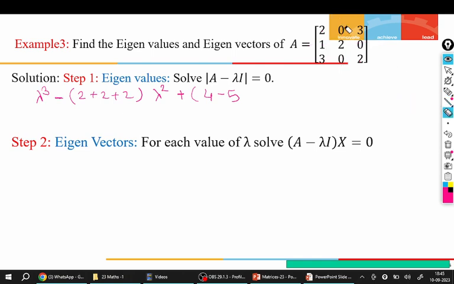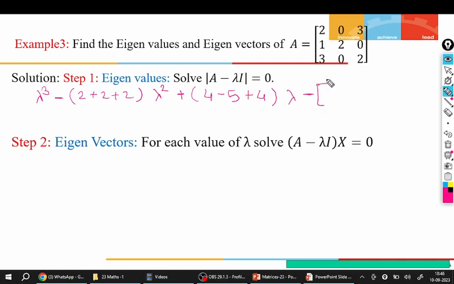Now for the minor of the third diagonal element, a33, delete the third row and third column, and take the determinant of the remaining. It is 4 minus 0, again 4. So these are the minors of a11, a22 and a33, into lambda. Minus the determinant of A. Now to get the determinant, we expand along the first row.